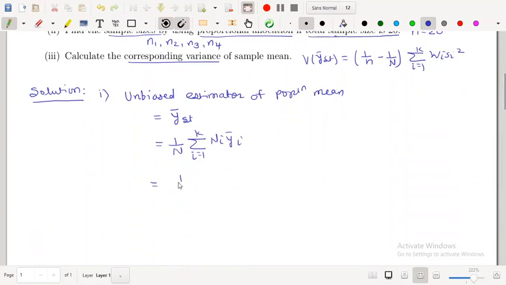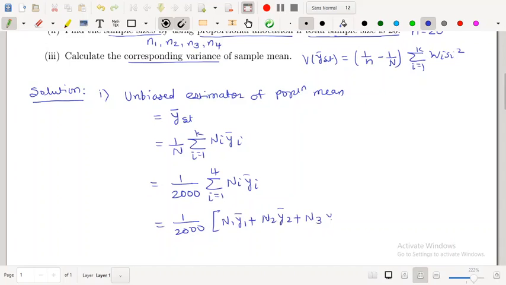So this will be 1 upon 2000 into, here summation i running from 1 to k, k is 4 because the number of strata are 4, Ni into y bar i. So this is actually 1 upon 2000 into N1 y bar 1 plus N2 y bar 2 plus N3 y bar 3 plus N4 y bar 4.